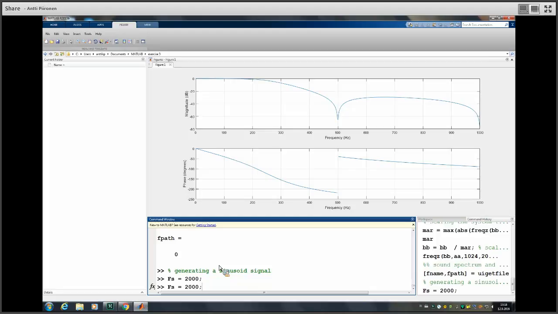Although that would be funny, I'll try. A little bit lower so we can actually see something. So that's one of the standard sampling rates.